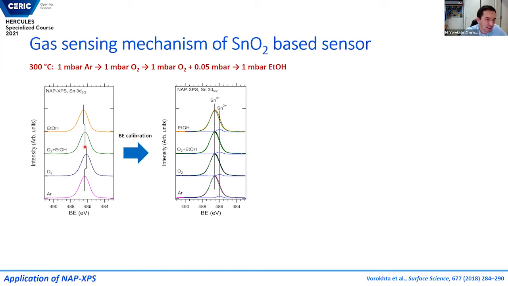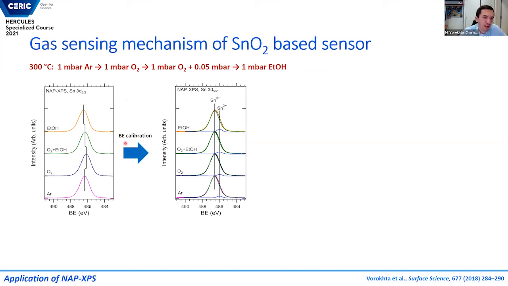Only at the beginning there is a change of its position, which is related to the change of the work function of the surface. When you have the adsorption of a gas on the surface, so there is chemisorption, you create such things as band bending. It means that your surface partially has a charge distribution, and then the position of the peaks is changing. However, it works for all peaks, so it is not just a property of tin oxide. These shifts always happen when you expose a surface to gas.